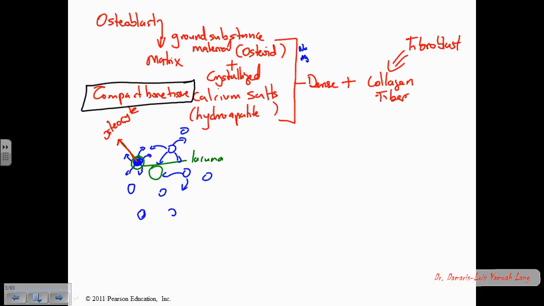So this is osteoblast, osteoblast. Okay, I'm just going to draw these circles. And they are all secreting what? They are all secreting osteoid ground substance material. Does that make sense? Okay, are you all getting this?